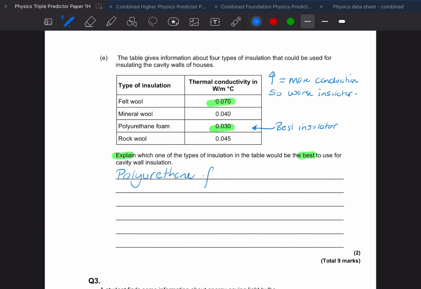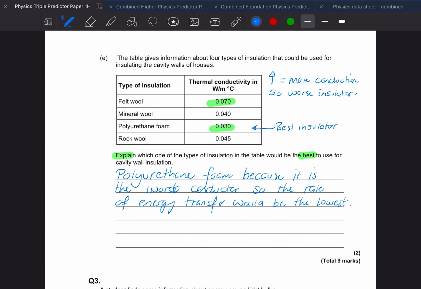polyurethane foam because it is the worst conductor, so the rate of energy transfer would be the lowest.